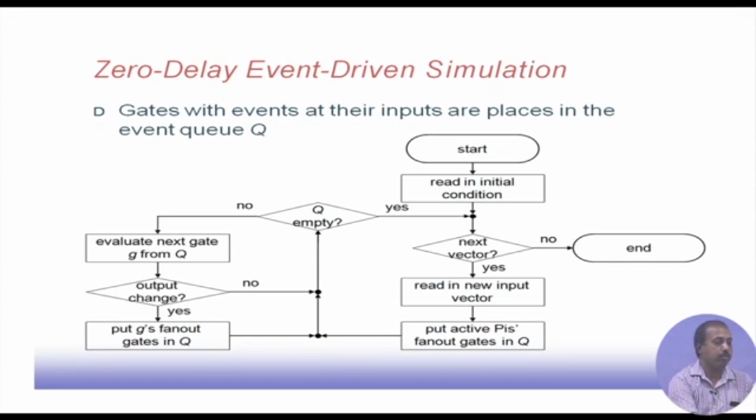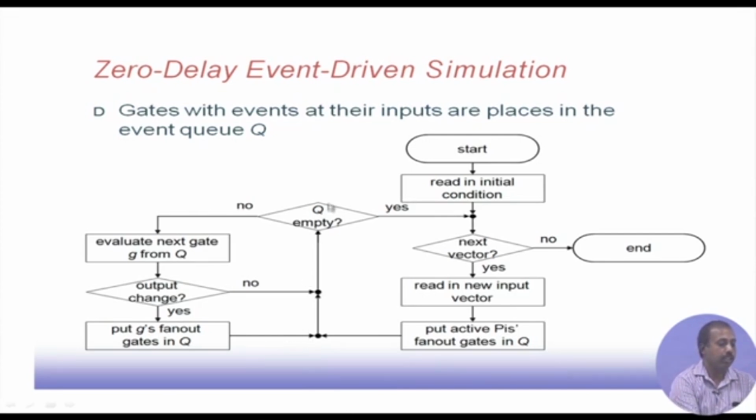Zero delay event simulation. Zero delay means the gates are assumed to have zero delay, so there is no delay. It basically starts by reading the initial condition, then checks whether there is any more test vector. If there is, it will read the new input vector, and after that the active primary inputs will be determined, and the fan out gates, the points to which these primary inputs connect, will be put into a queue.